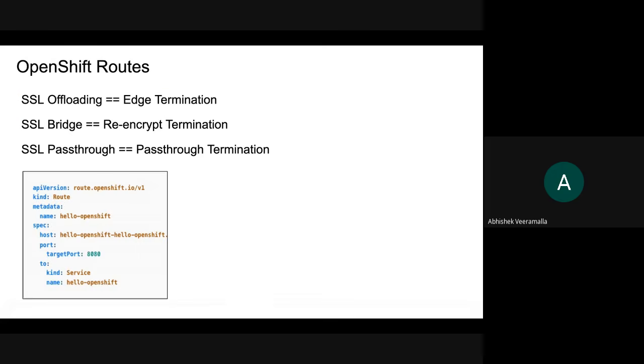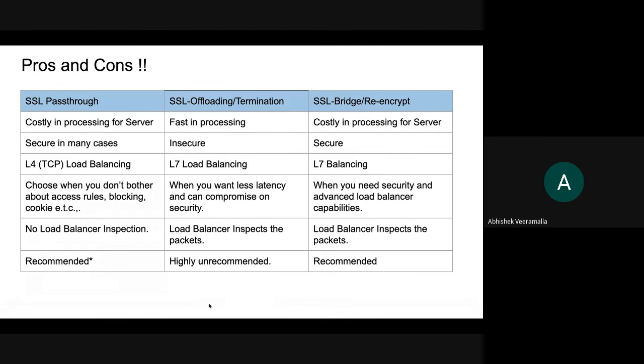Coming to the routes, I have examples for all of these: the SSL edge thing, and how you can do edge routing with Ingress, as well as pass-through and re-encrypt. I'll see if time permits, or else we can do it in the next session sometime. And I'll try to put it in GitHub as well, so if somebody is willing, they can try it.